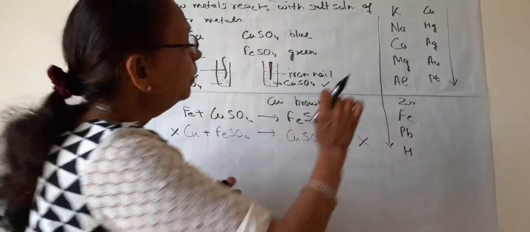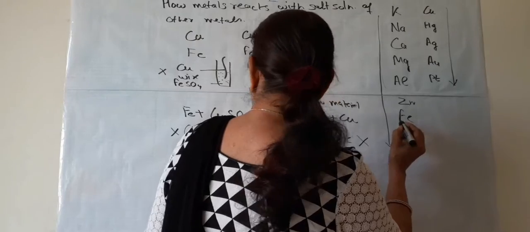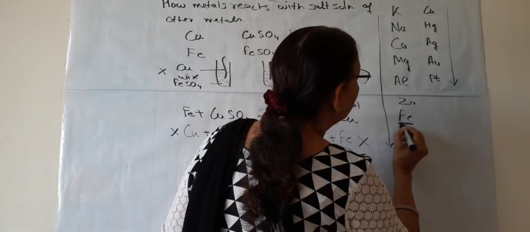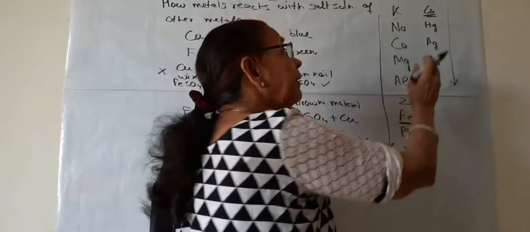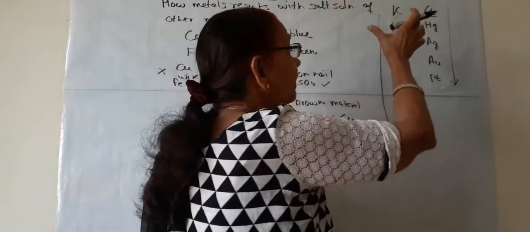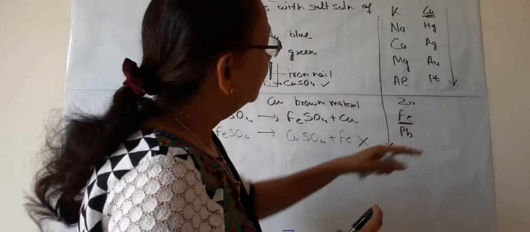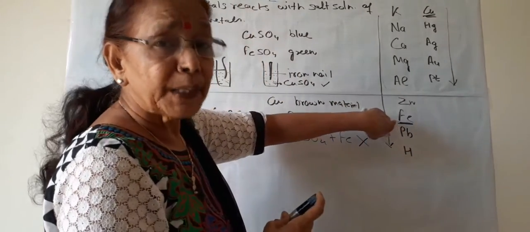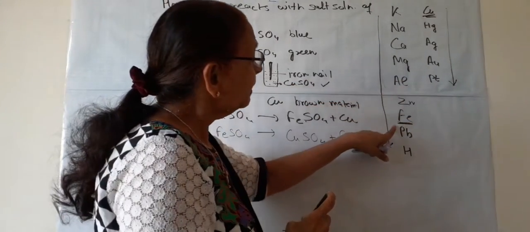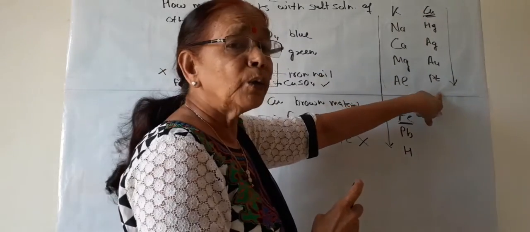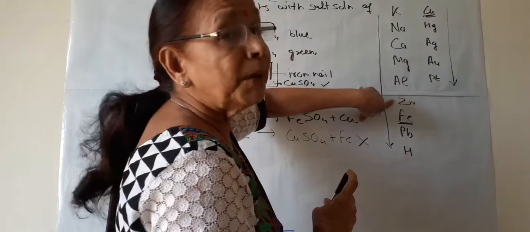Why is this so? We can see in this series that iron is above copper. It means iron is more reactive than copper, and it is the rule of this reactivity series that the metals which are present above can displace the metals below them and cannot displace the metals above them.